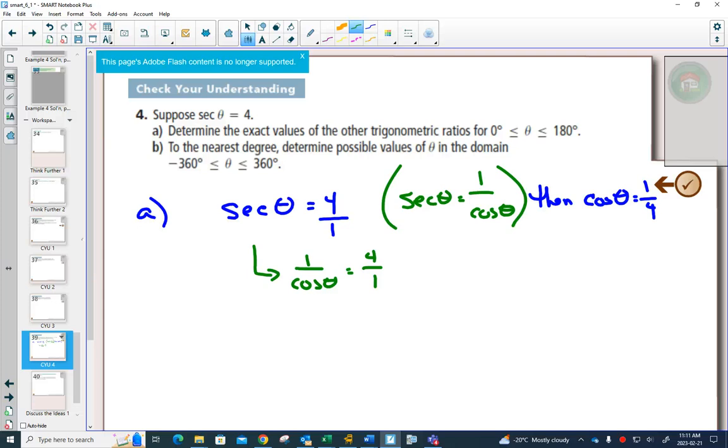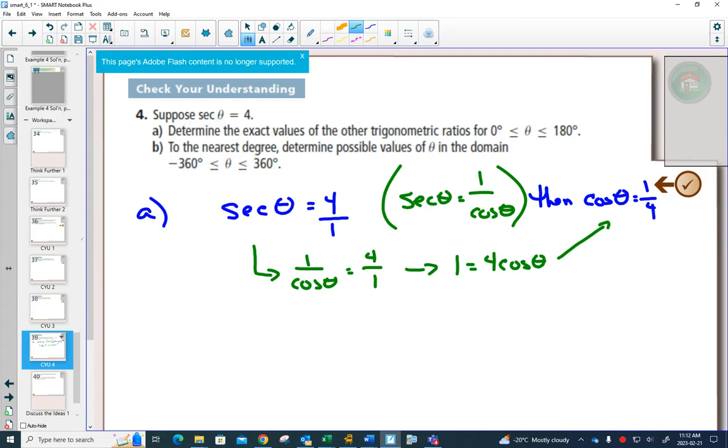I could multiply both sides by cos. That would get me 1 equals 4 cos theta. And then if I wanted cos theta by itself, I would have to divide both sides by 4. So this is showing all the math.